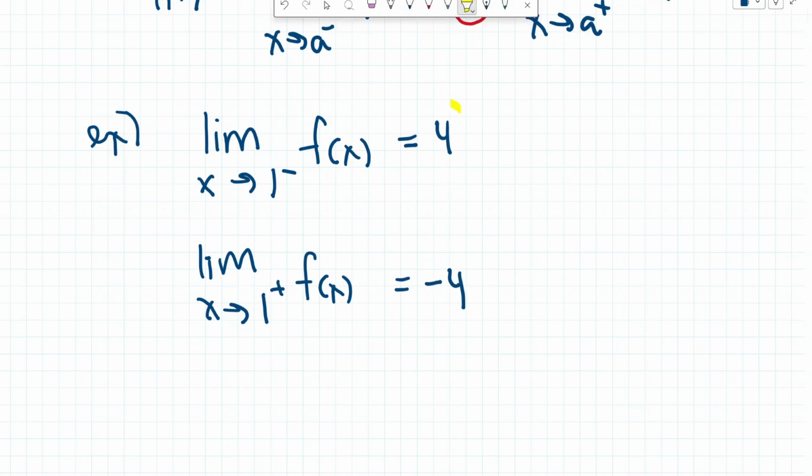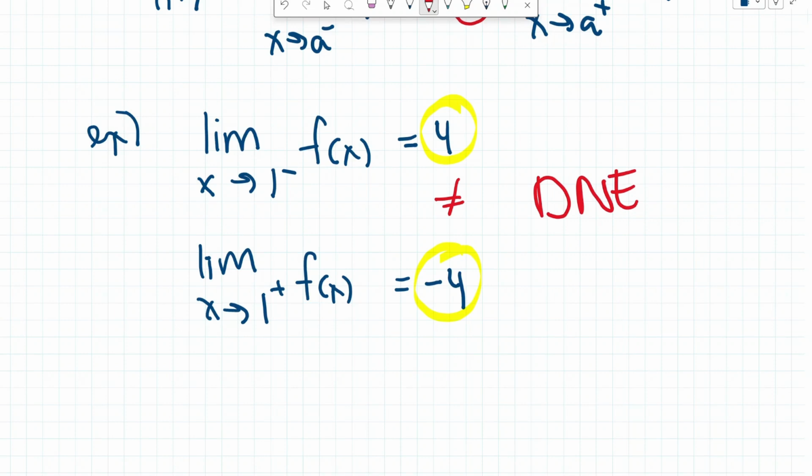In this case, the limit from the left-hand side exists, and the limit from the right-hand side also exists. But the issue is they don't equal each other. Since they are not equal, that means that the overall limit does not exist.